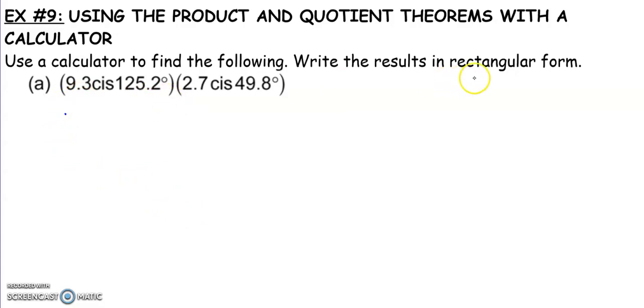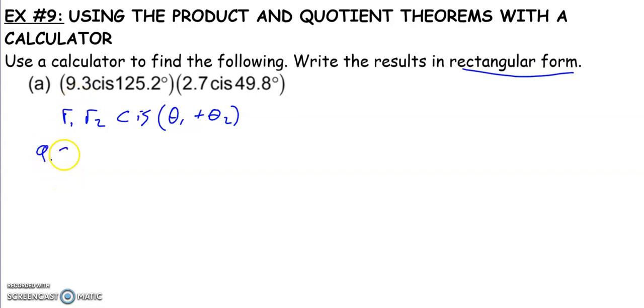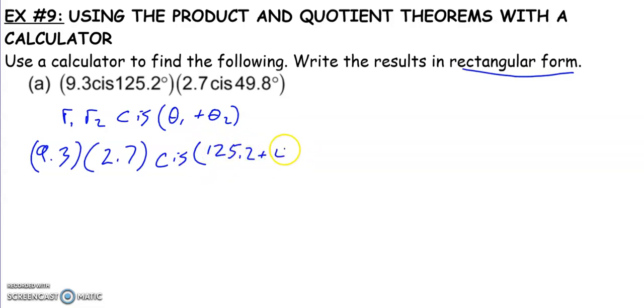Since we're multiplying and want our answers in rectangular form, we're going to take R1, multiply that by R2, and then do cis of theta 1 plus theta 2. So R1 is 9.3 times 2.7 times the cis of 125.2 plus 49.8.